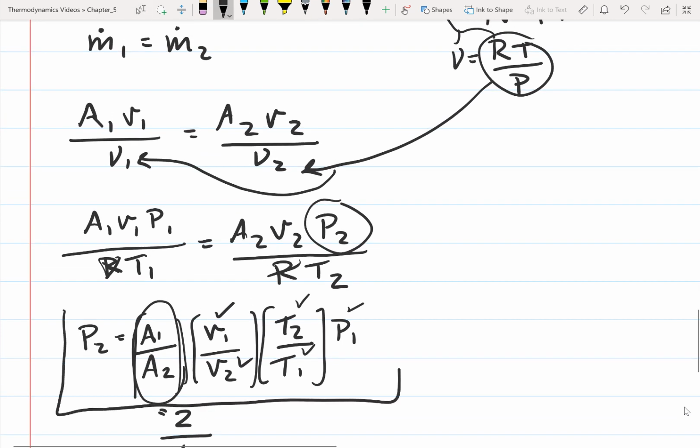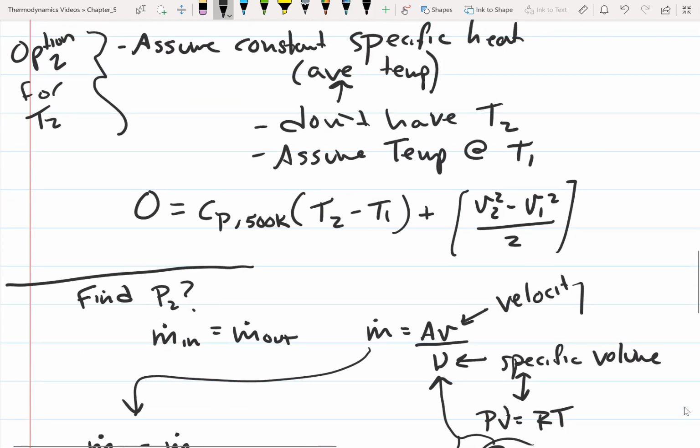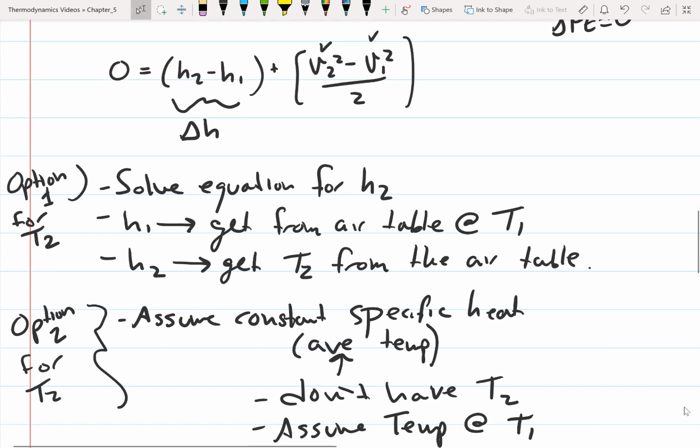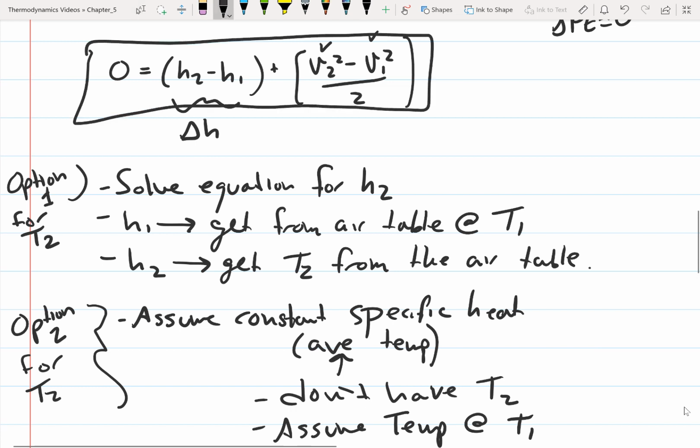So let's just save this for now. Now I'm going to go back up. So we have all of our equations, and we're going to solve them. The first thing I'm going to do is solve this equation not assuming a specific heat. So I'm going to show you how you would solve this using option 1. We'd use the air tables to get H1 and then T2.